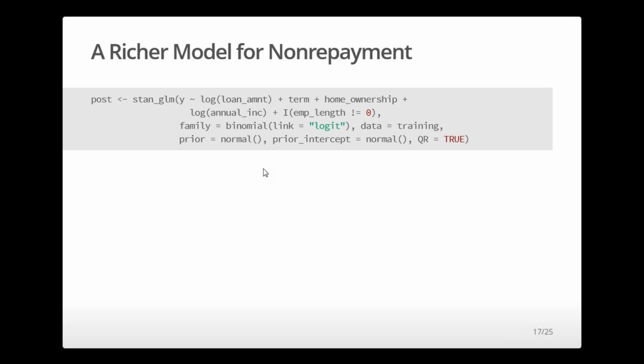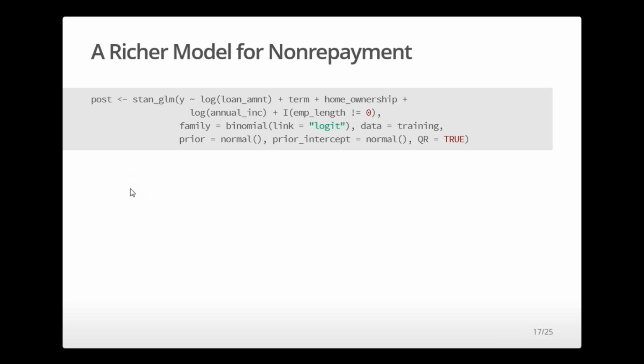However, in rstanarm functions, if you're not going to specify informative prior beliefs about the coefficients, which is to say, you're happy with a prior expectation of 0 and not too worried about what the prior scale is, it's really useful to specify the additional argument QR equal true.